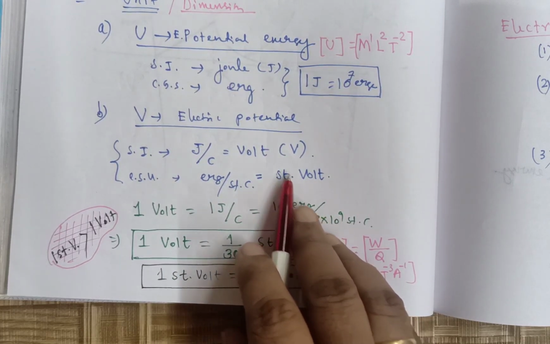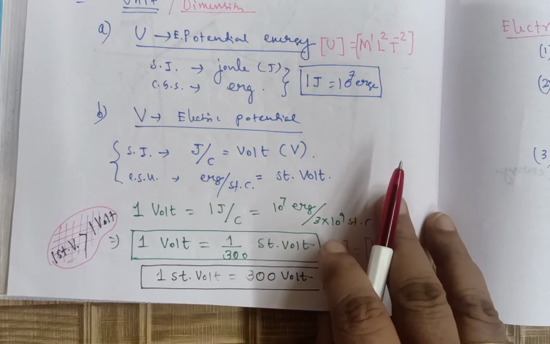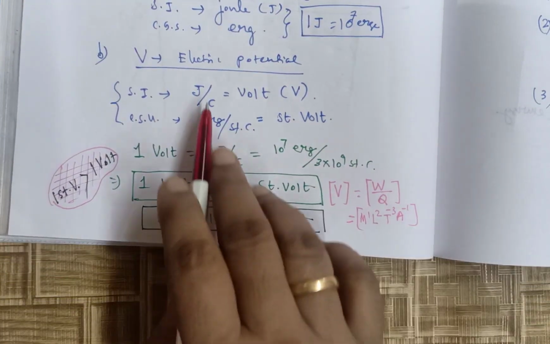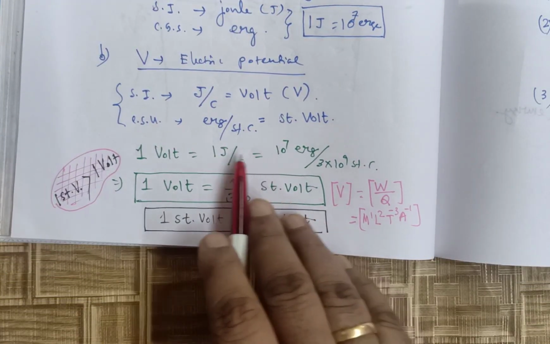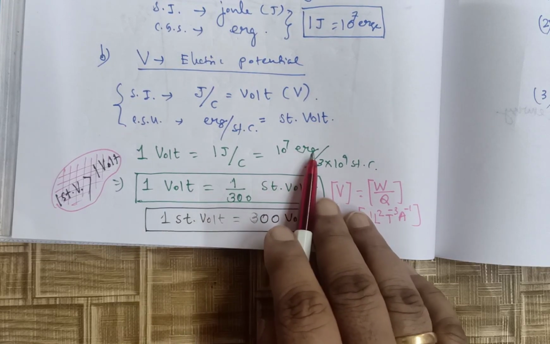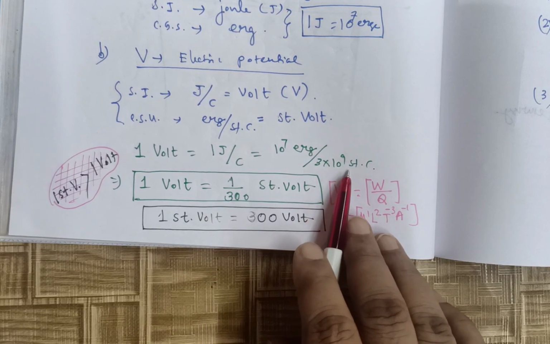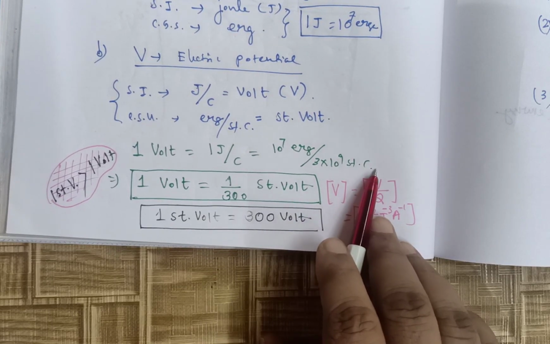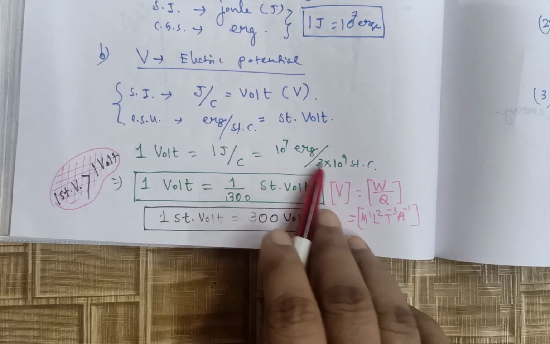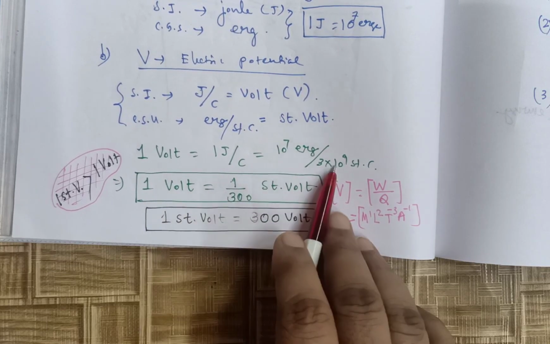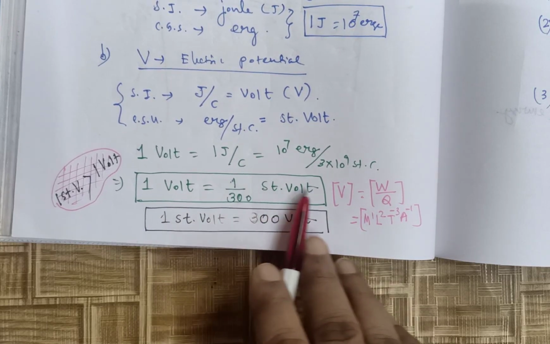Now we have to establish the relation between them. First you recall 1 volt means 1 joule by 1 coulomb. 1 joule represents 10 to the power 7 erg and 1 coulomb represents 3 into 10 to the power 9 statcoulomb. If you solve it, then it will be 1 by 300 statvolt.